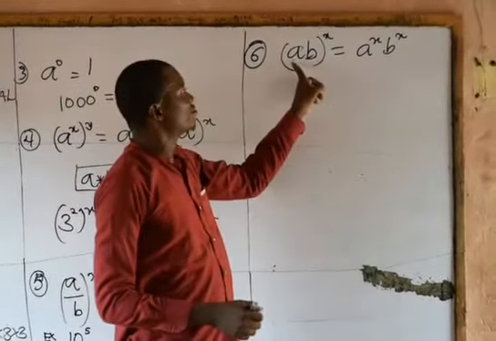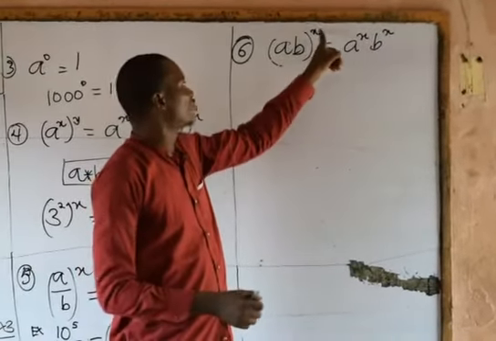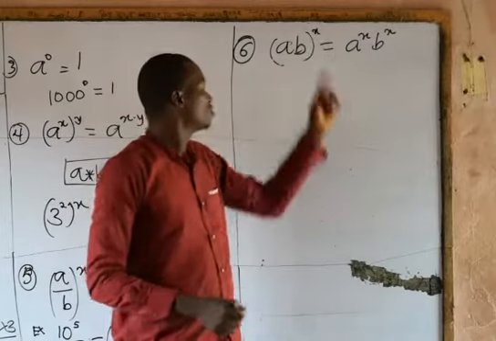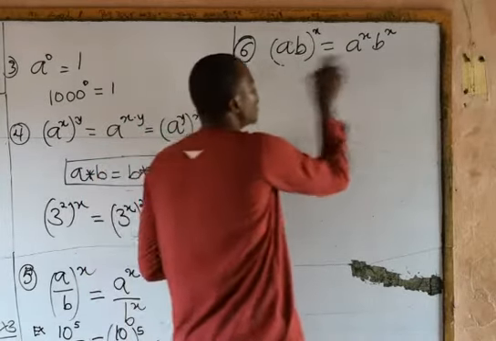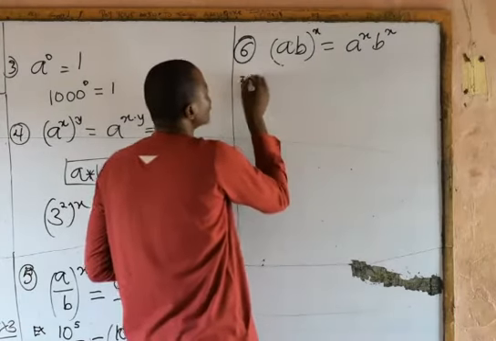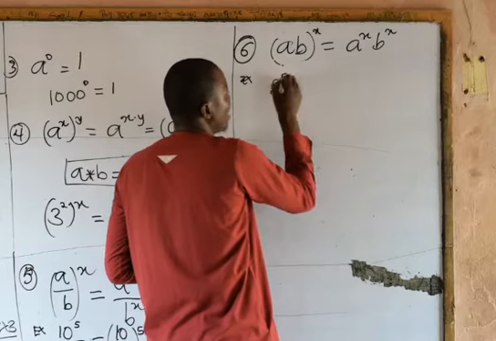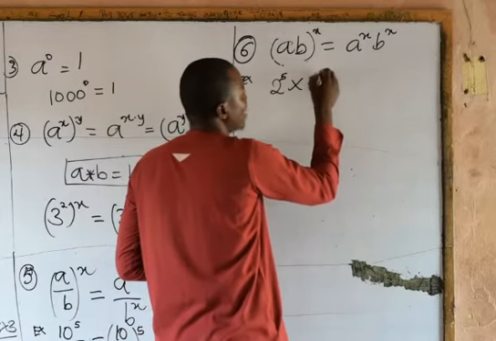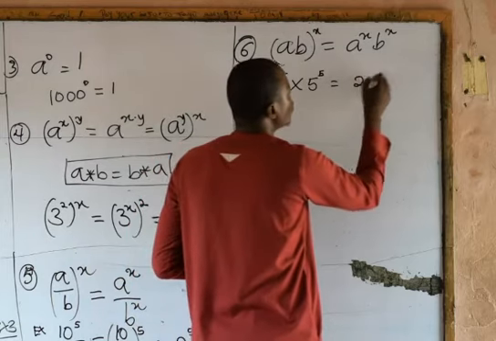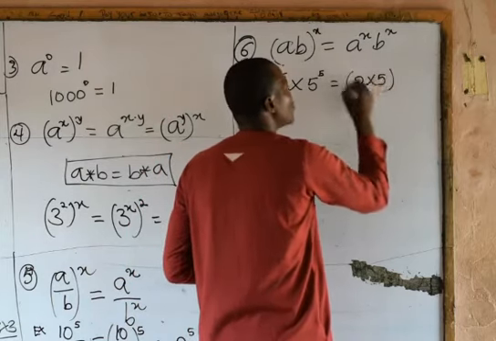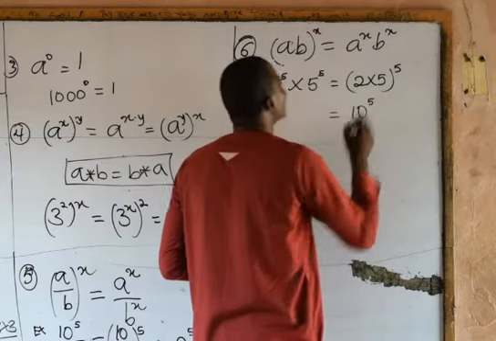When you have a product of two variables and you have a power they have in common, the power will be distributed to both of them. So let's look at an example. When we have 2 raised to the power of 5 times 5 raised to the power of 5, then this can be equal to 2 times 5 raised to the power of 5, which equals 10 raised to the power of 5.